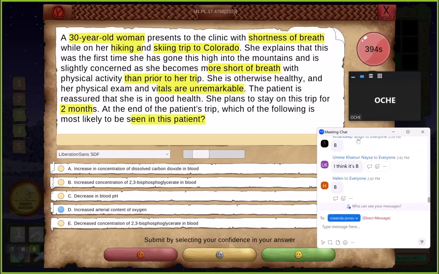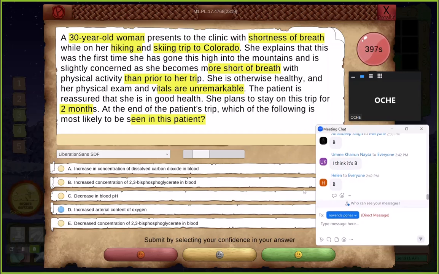Because the patient, based on the event, is experiencing symptoms of altitude sickness due to the decrease in levels of oxygen because she's at high altitude. Yeah. So as she's going to spend more time there, because she's not going home immediately, she's going to spend more time at the mountain.